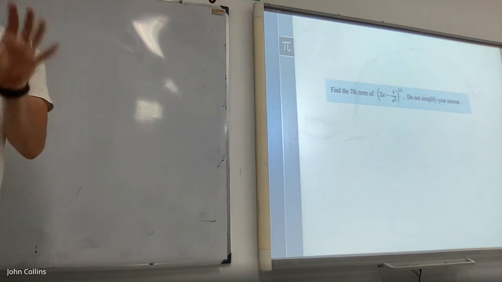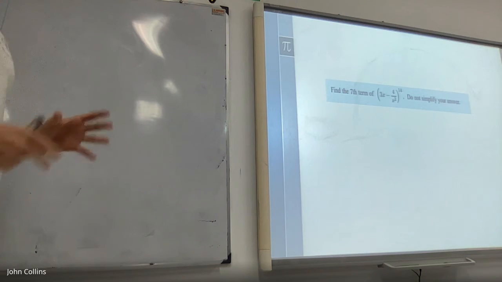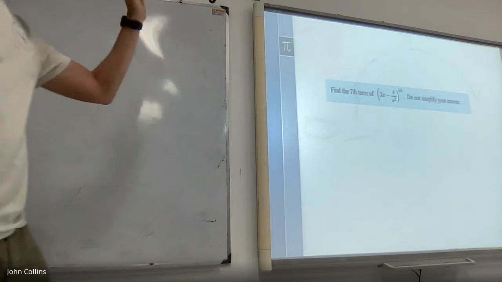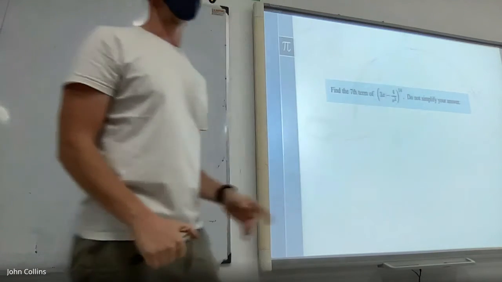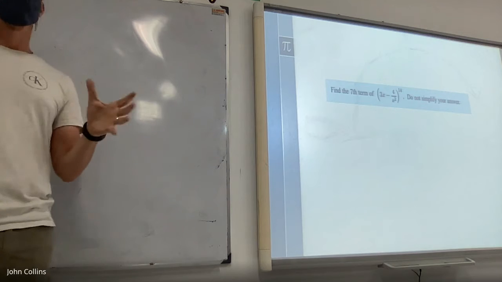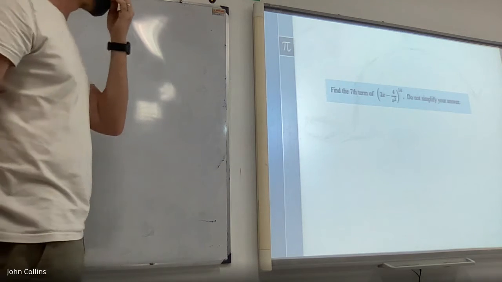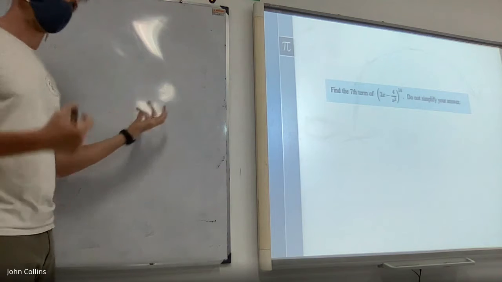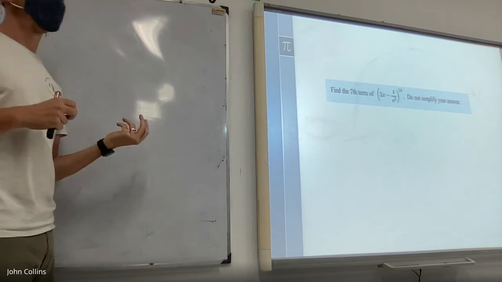Find the 7th term, a specific term number, rather than expanding the whole thing. How many terms would be in the whole expansion if it's the power of 14? There'd be 15 terms, yes. Find the 7th one. That's kind of around the middle.